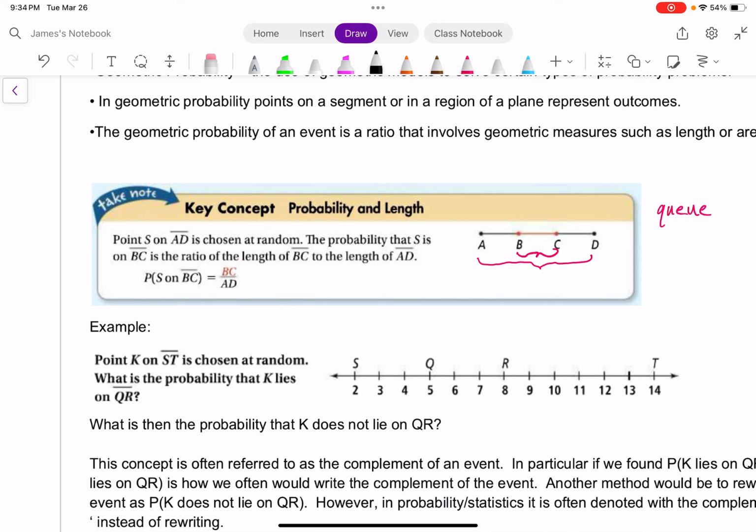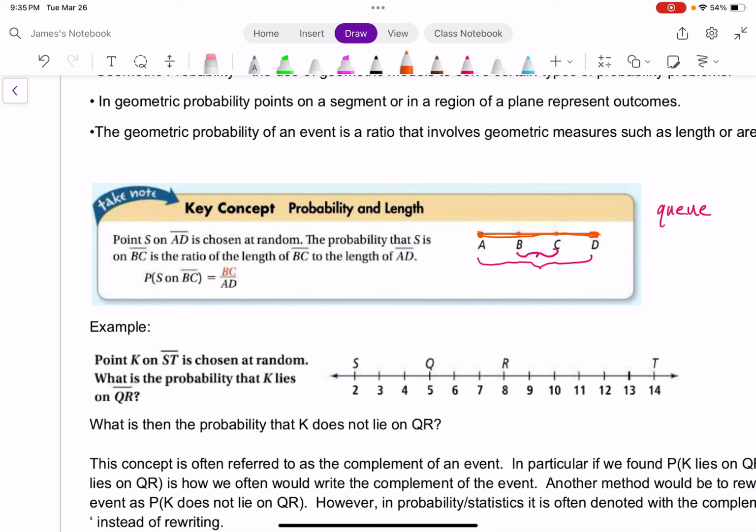The way I like to think about a lot of geometric probabilities is if you had this line in front of you, drawn on the whiteboard or on the grass out in front of you, and I told you you're going to throw a dart at that line, and you have to hit the line, because if you could hit anywhere else, that creates a completely different geometric probability question.